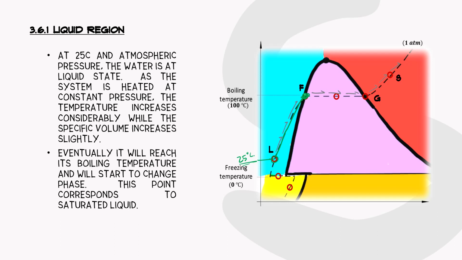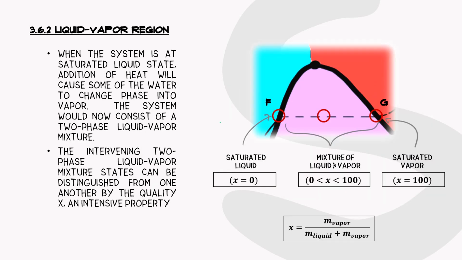From here to this point, there's going to be a change of phase, and that change of phase occurs at constant temperature, which is 100 degrees C, the saturation temperature. In this phase, this is what we call the liquid vapor region.